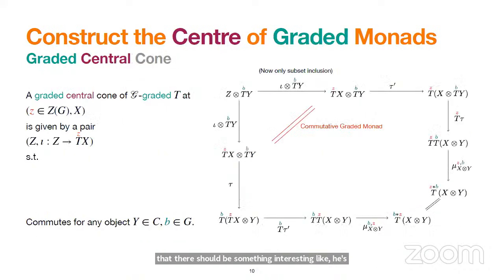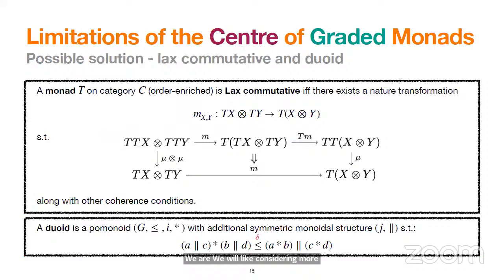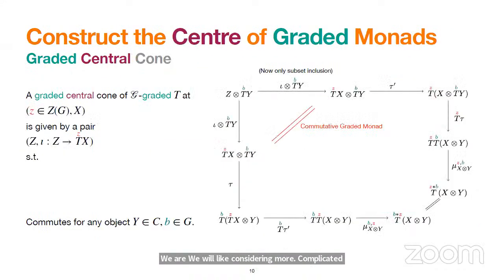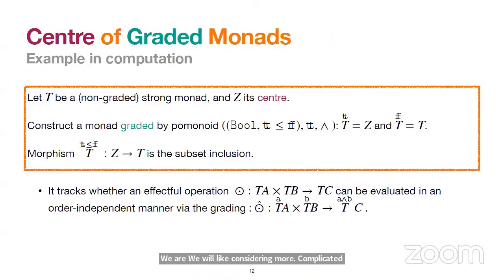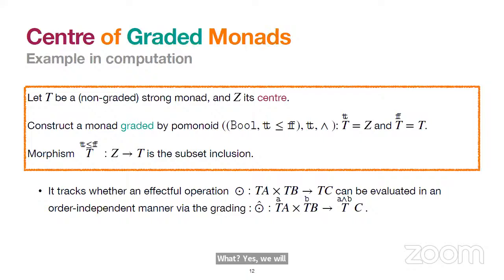We were considering more complicated examples, for example involving distributive laws, but we weren't sure that the result could be positive.